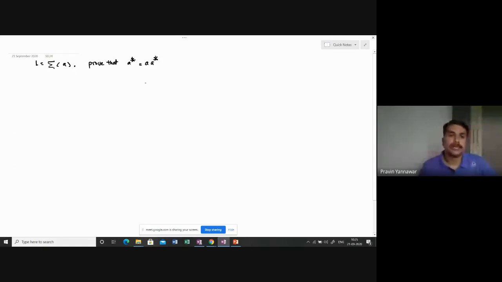Here you have a regular expression, so let us try to represent this into this form. All your left hand side goes here, all your right hand side goes here. Now let us try to understand the right hand side.